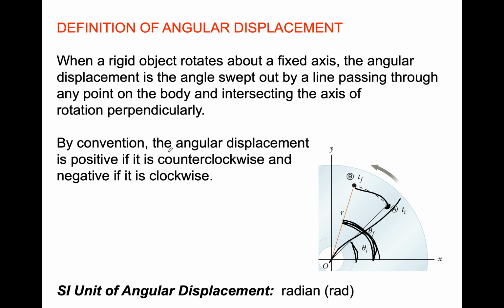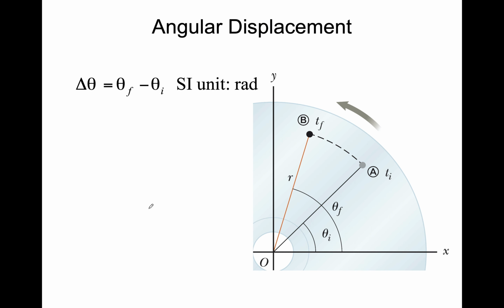By convention, angular displacement is positive if you rotate counterclockwise, and negative if you rotate clockwise. We always use the SI unit for angles, the radian. A degree is not an SI unit.